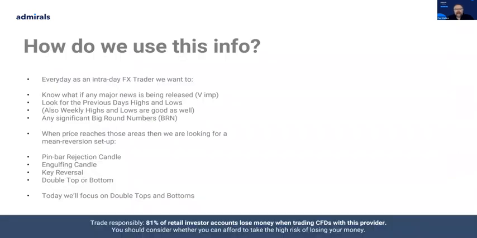So how do we actually start to use this information that I've talked about, in terms of the participants, how market makers are looking to operate, understanding things like big round numbers, previous days' highs and lows? As an intraday FX trader, what I said at the start, we want to know if any major news is being released. This is very important. I don't expect you to be able to explain it to me, but you need to know when it is.